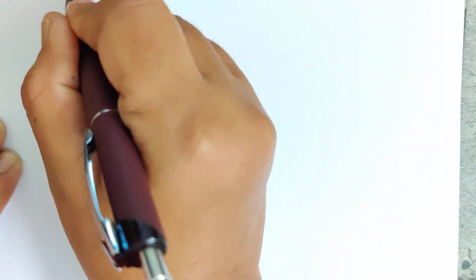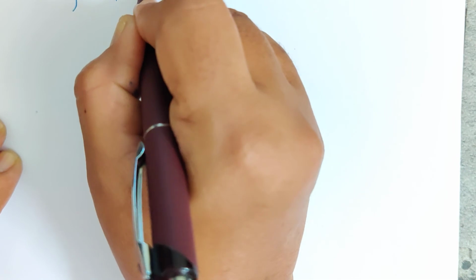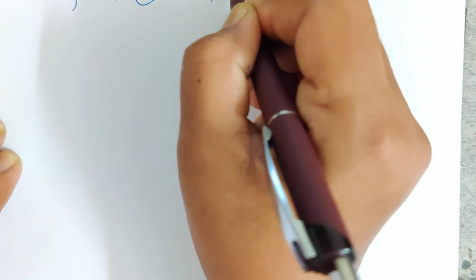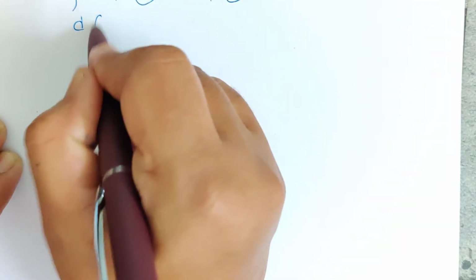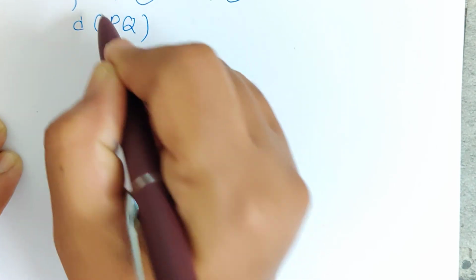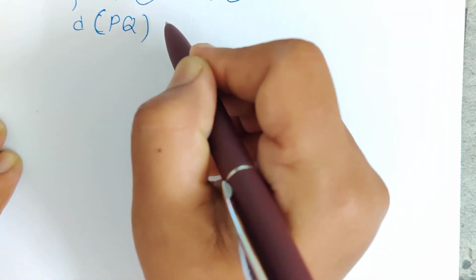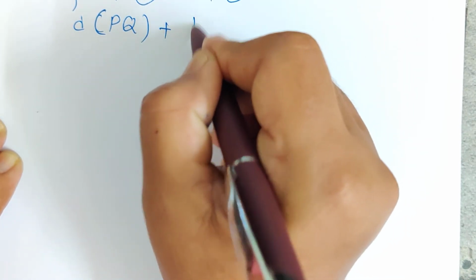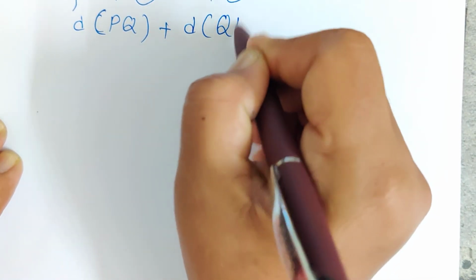So here you can say from 1 and 2 we get distance of PQ plus distance of QR.